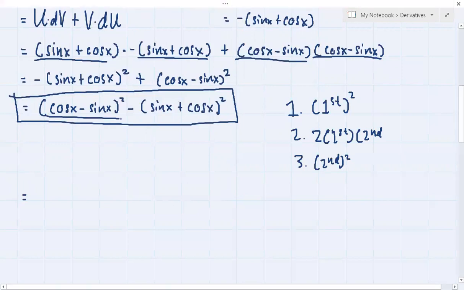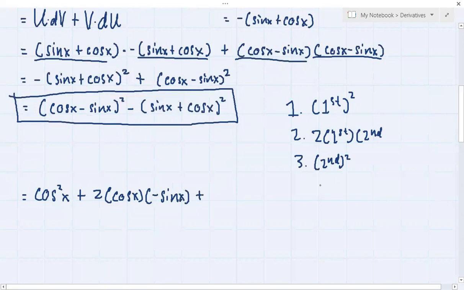So, let's start with the first term. Okay? So, let's square the first one, which is si cosine x. So, we will have cosine squared x plus, second step, 2 times the first term, si cosine x, times the second term, which is si negative sine x. Ayan, that's it.